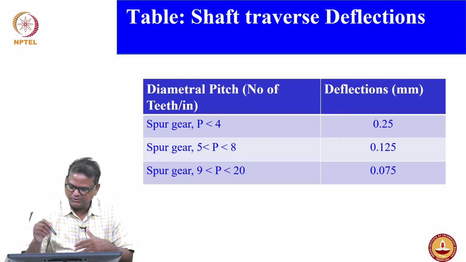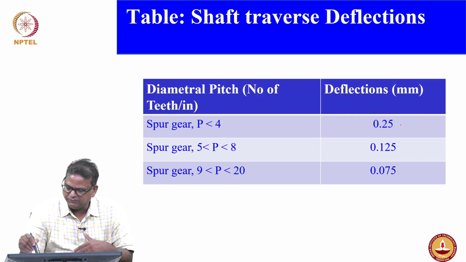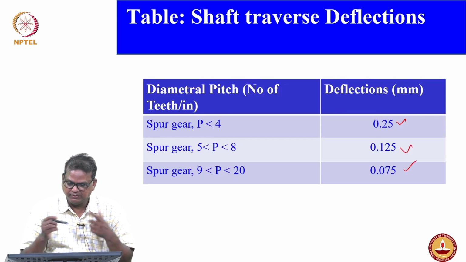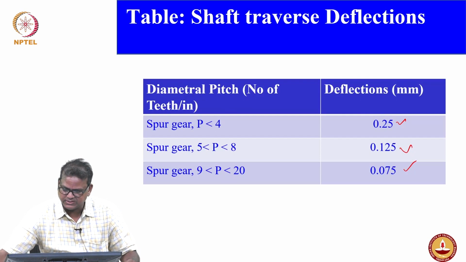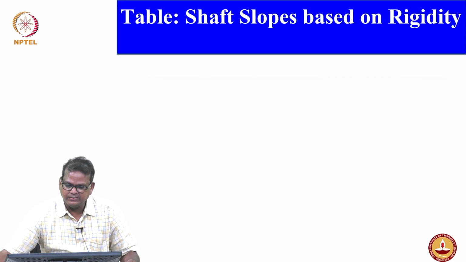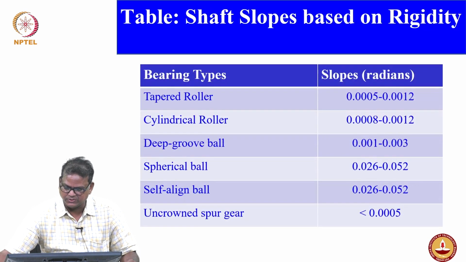So if you look at this, for the spur gear, when the diametral pitch is less than 4, the deflection can be higher. Then as you move on to more teeth, the deflection reduces to 0.125, 0.05. So this is one aspect, the deflection aspect from the shaft deflections, and another one is the rigidity aspect also.